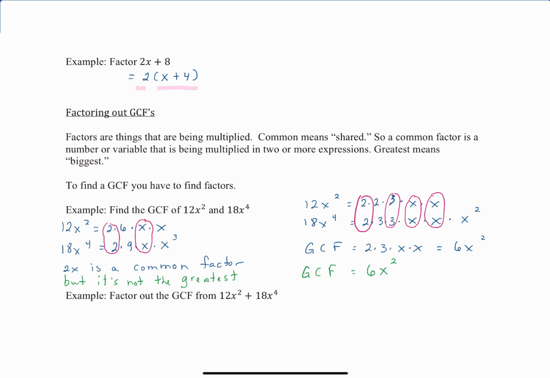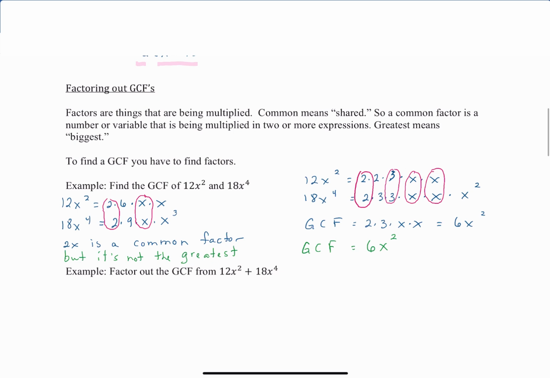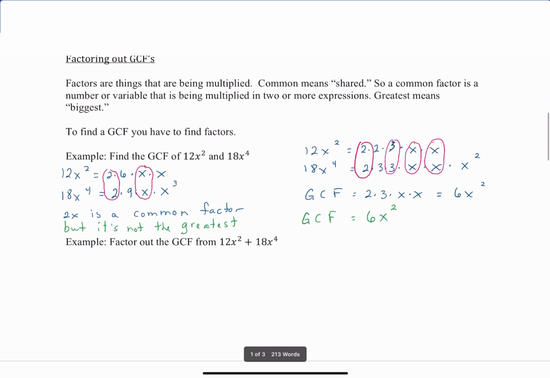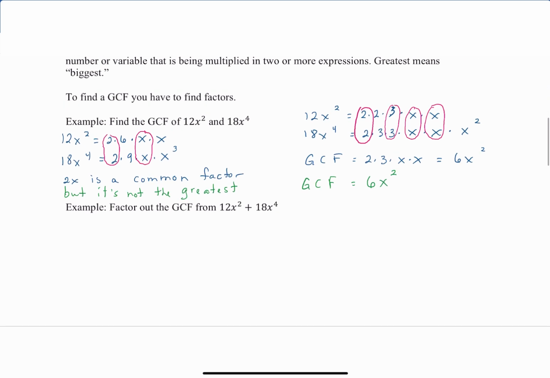Now, what are we going to do with these GCFs? Well, remember we said we're talking about factoring out GCFs. So an example of that kind of problem would be factor out the GCF from 12x squared plus 18x to the fourth. In other words, we want to write 12x squared plus 18x to the fourth as a multiplication problem.